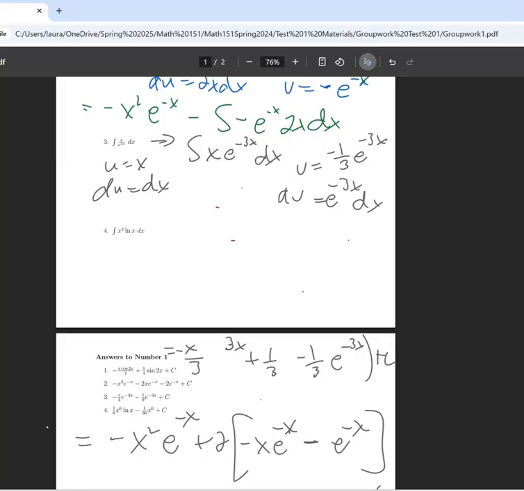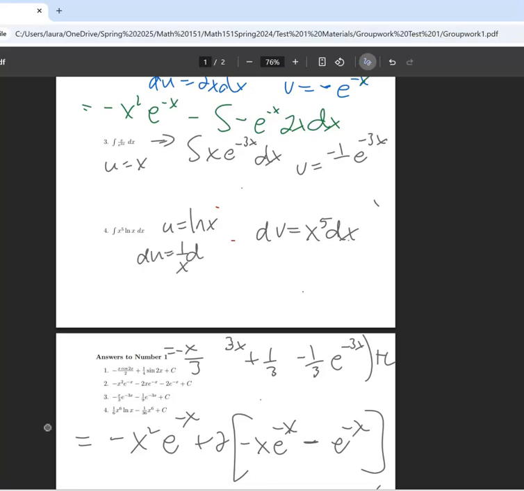So let's do that. So I'm going to let u equal ln of x, and then the dv is x to the 5th dx. Get rid of some of this up here so it's not so congested. Okay, here we go. So du is 1 over x dx, and then taking the antiderivative, I get x to the 6 over 6.